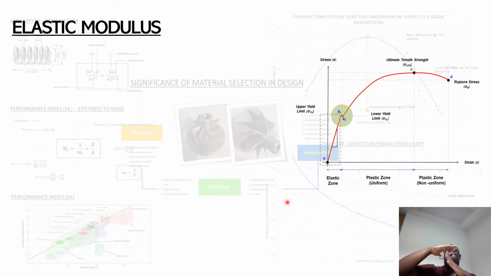The yield point is basically the material's transition from elastic deformation to plastic deformation. When the material starts to experience plastic deformation, it permanently sets. The material loses its capability of recovering back to its original state.